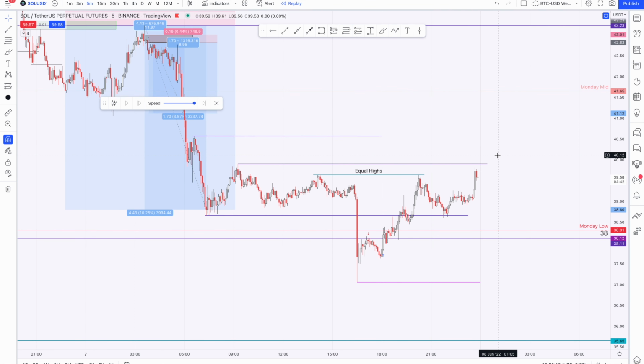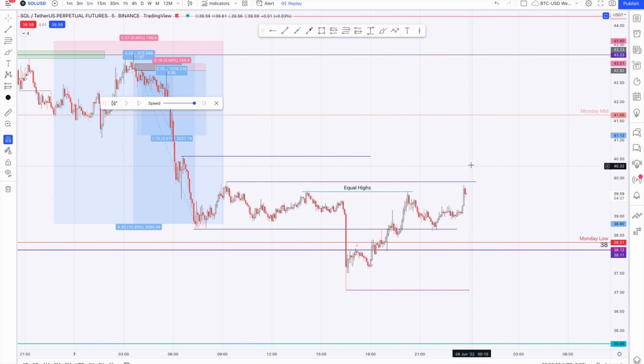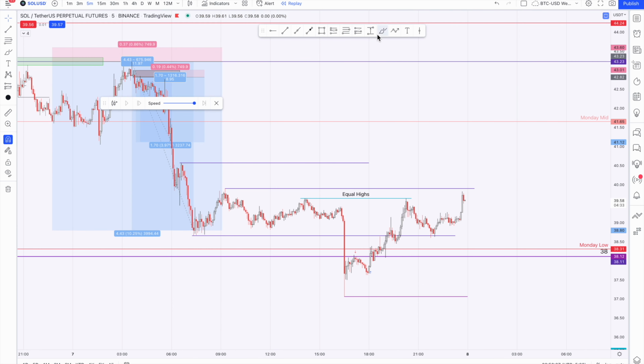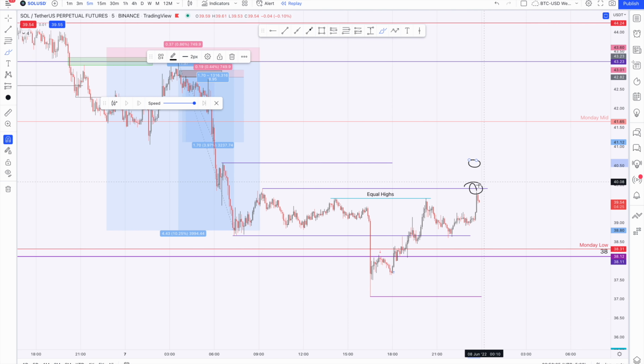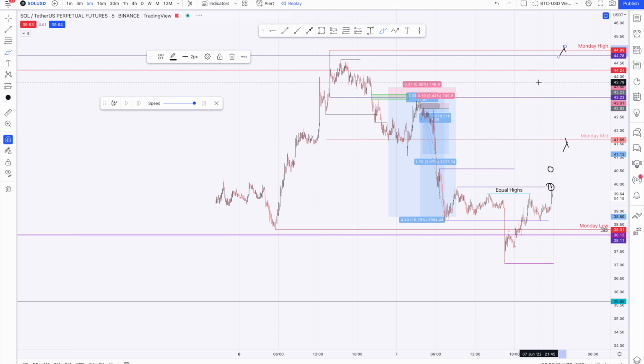So let's see. If I want to see more strength in Solana, I would really like it to break this level, at least this one, right? You want Solana to break this level, and then eventually, on a higher time frame, target this level. So maybe tonight or tomorrow we can target the Monday high and the Monday mid and the Monday highs again.